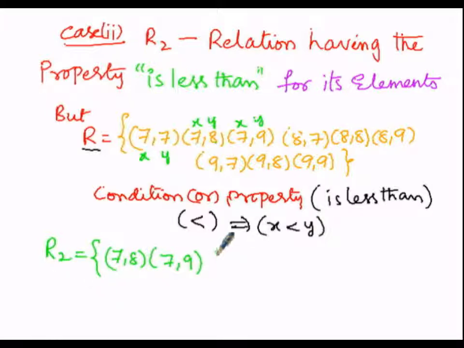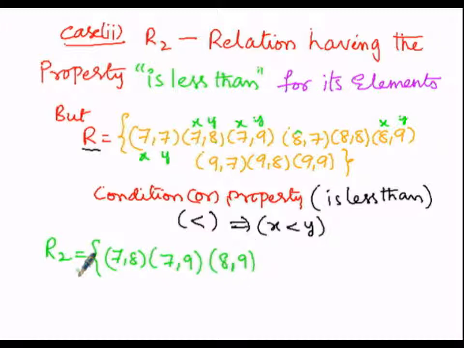Then now 8 comma 7, that is x is greater than y, 8 is greater than 7. Here the symbol is less than, so this does not satisfy this condition, we can avoid this. 8 comma 8 both are equal. So here 8 comma 9, x coordinate is 8 and y coordinate is 9, 8 is less than 9, so we can include 8 comma 9 also as an element of R2.